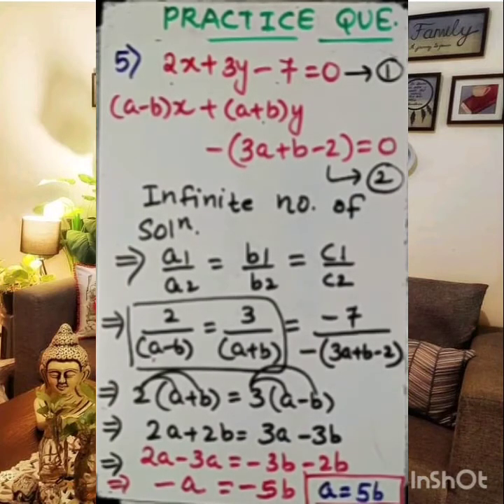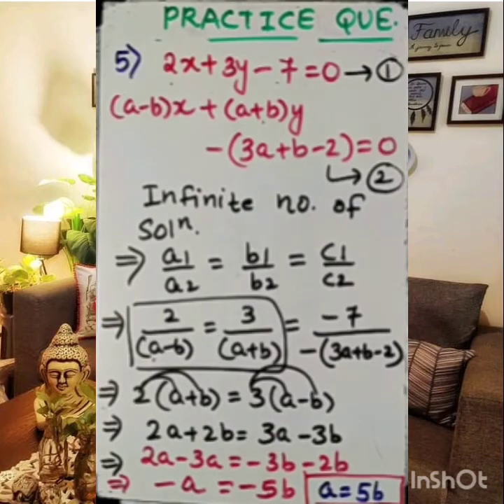Now we are going to put this value into one of the equations so that we get the value of b. If we do not want to compare these two, that is also fine, nothing to worry about. As we got a equals 5b, substituting it in any one equation will give us the values of a and b.